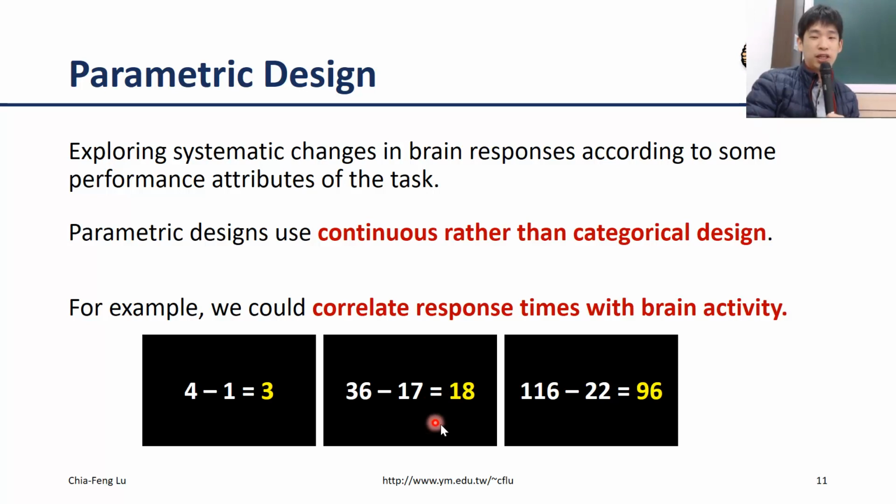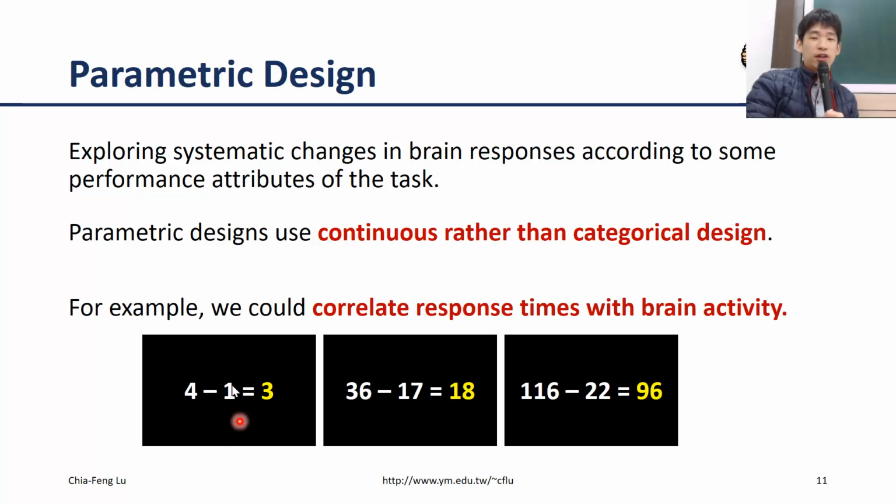So we can anticipate that the response time may be a little bit longer compared to this one, right? And when the equation comes to three-digit numbers, 116 minus 22 equals 96. Is it the right one or wrong one? Again, this mental load may be higher than the previous ones, so the response time may be again longer compared to the other two.